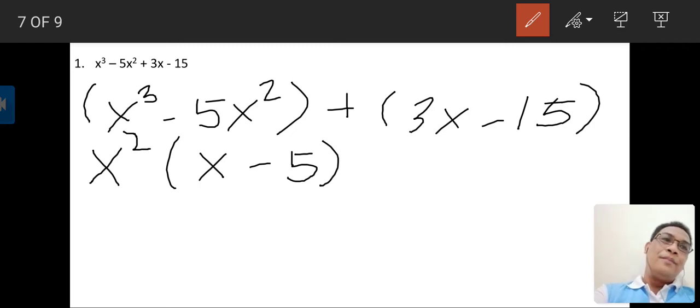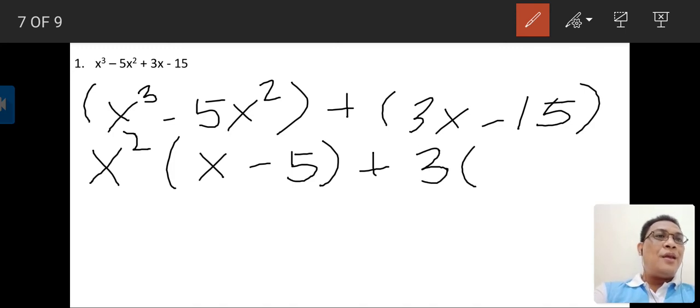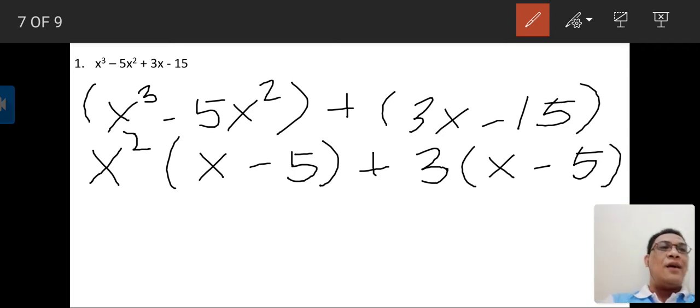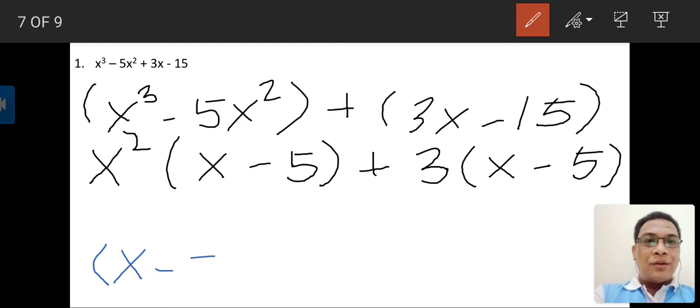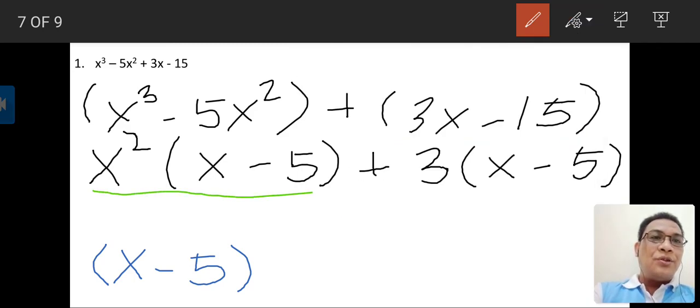Plus, the common factor is 3, so 3x divided by 3 is x, and 15 divided by 3 will be 5. So your GCF will be x minus 5. So let me have the other factor. This is your first group.